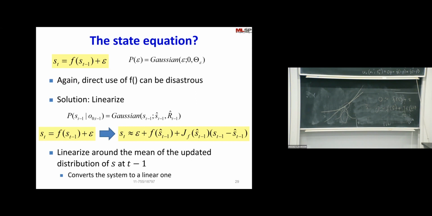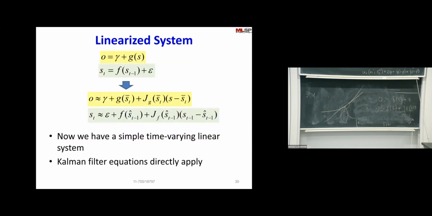Okay. So how is this going to affect our life? It turns out once you decide that linearization just makes sense, then here's what happened. You had O equals gamma plus g of s. Again, it's typically g of s comma gamma, but as I explained, I can always write it as the sum of a deterministic component and a noise, right? And so also st equals f of st minus 1 plus epsilon. I've written it as a deterministic function plus some noise.